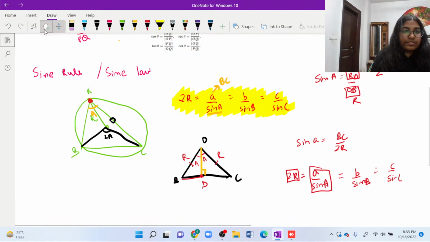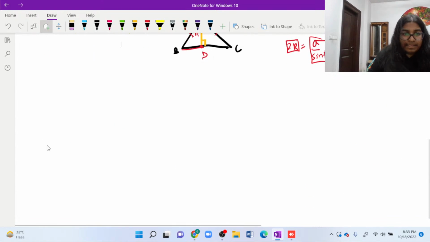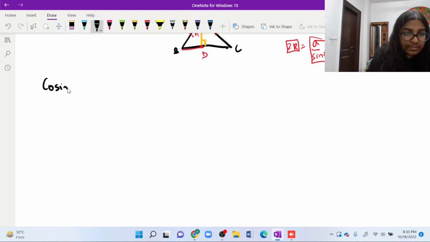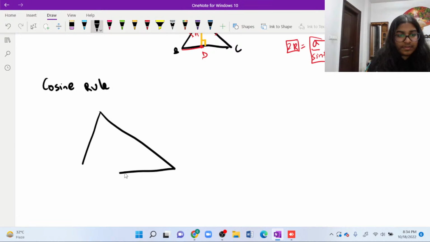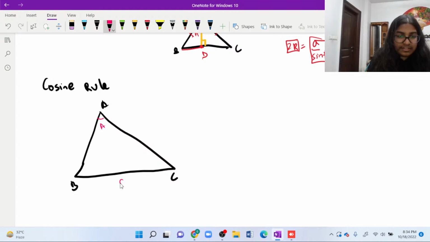There's also a rule involving cosines. Clearly it's called the cosine rule. So it says that in a triangle ABC with the same notations, this is angle A, this is side a, this is b, this is side b, this is C, this is side c.